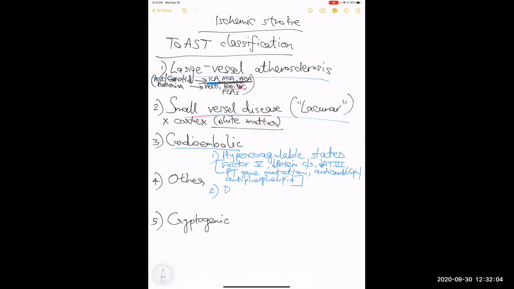What do you think of, especially if it is associated with headache? Dissection. Dissection is maybe a common cause of ischemic stroke in many patients. Usually presents with headache, and sometimes it can be life-threatening.